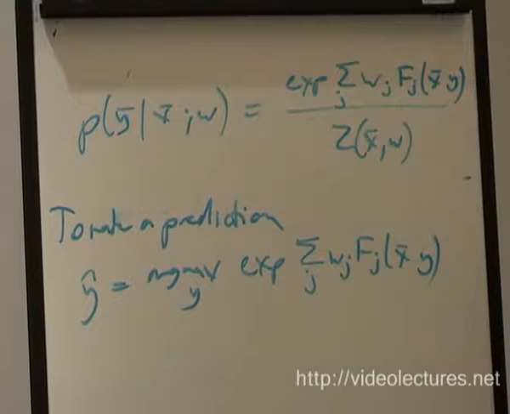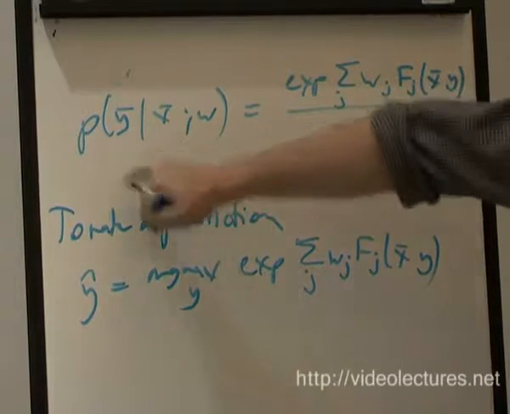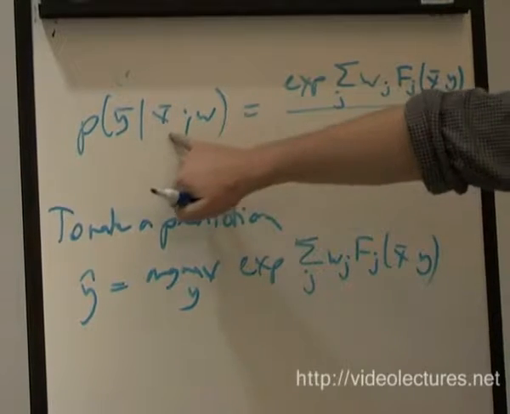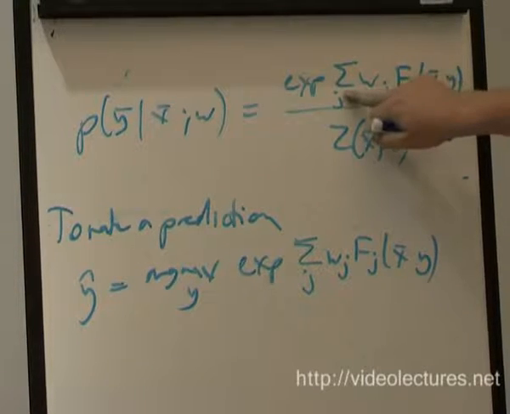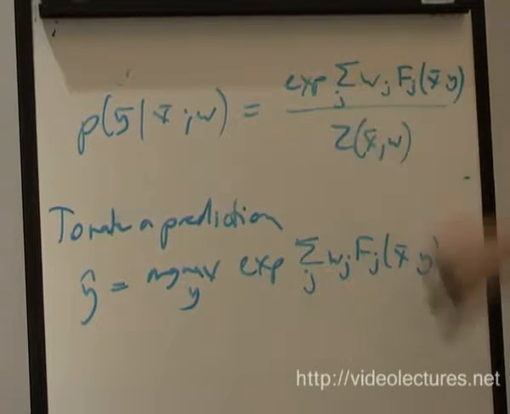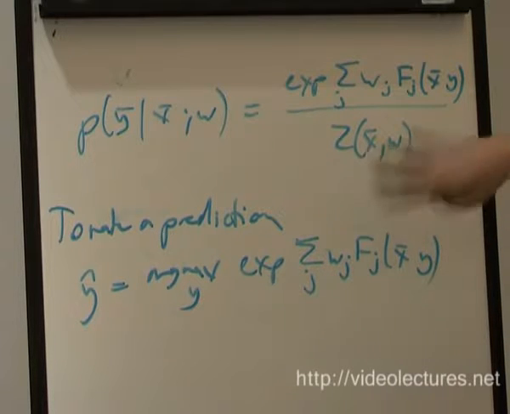So if we want to use one of these models to predict a y, then we're going to plug in the x and look for the y that has highest probability. And the y that has highest probability is the y that has the biggest value for the numerator. The denominator is constant for all y. So when we want to find the argmax of the probability, we just need to know the argmax of the numerator.